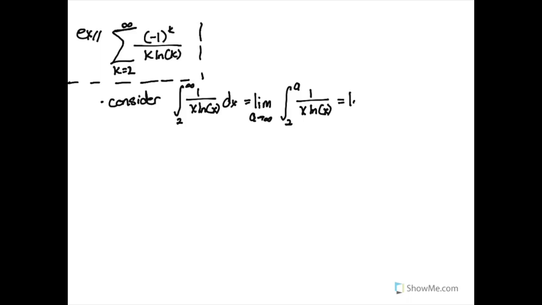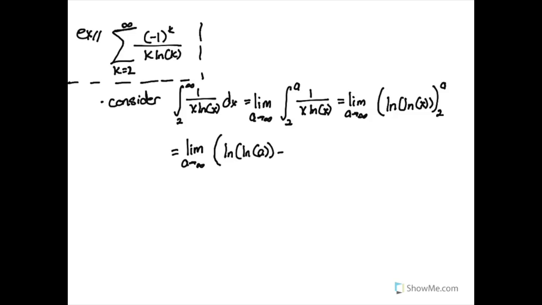And the answer we get from that is, so let me write the limit as a goes to infinity. The antiderivative of this function is actually ln of ln x. Right? And we want to take the integral from 2 to a. So this is equal to the limit as a goes to infinity of ln of ln a minus ln of ln 2.